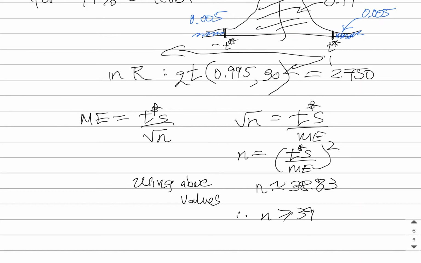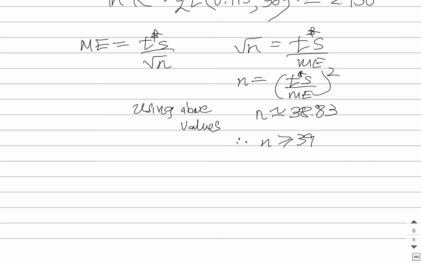This is consistent with what we see. If you want a higher confidence level, you need more information. If you just took the margin of error formula and kept the sample size the same, the only way to increase the confidence level is to increase this term.